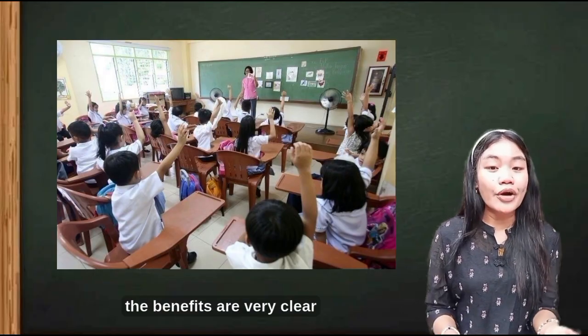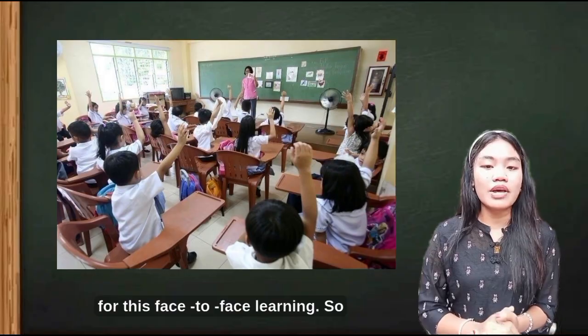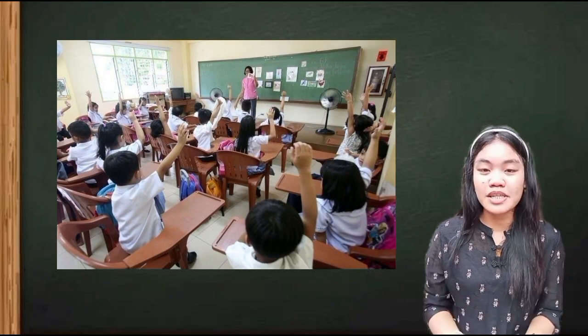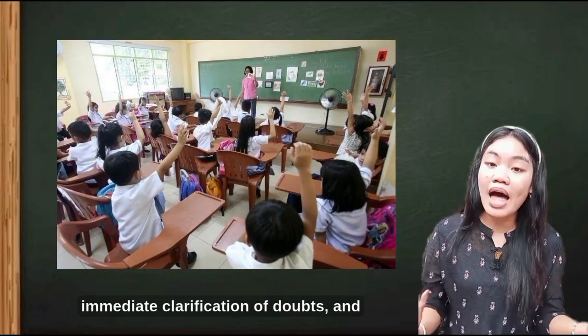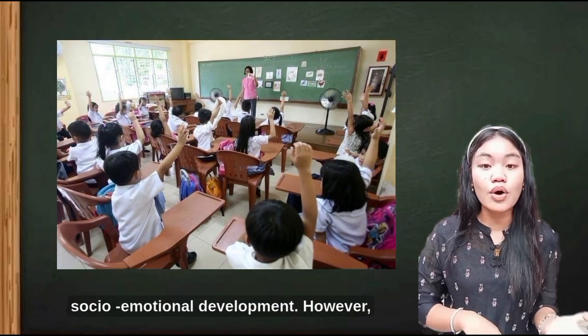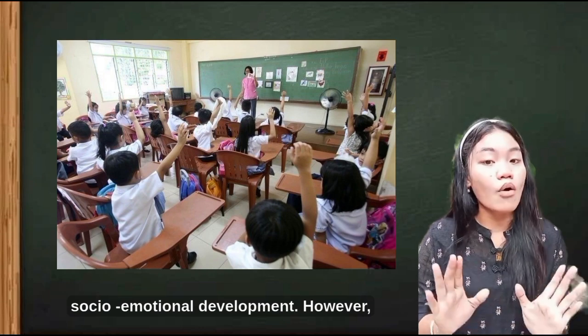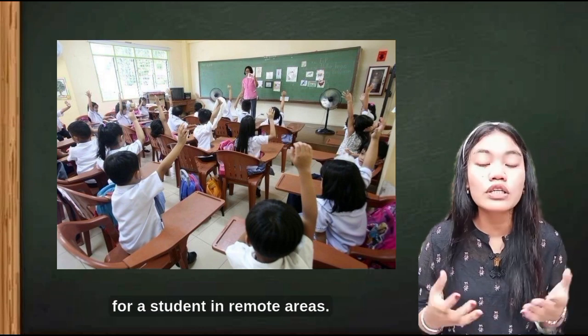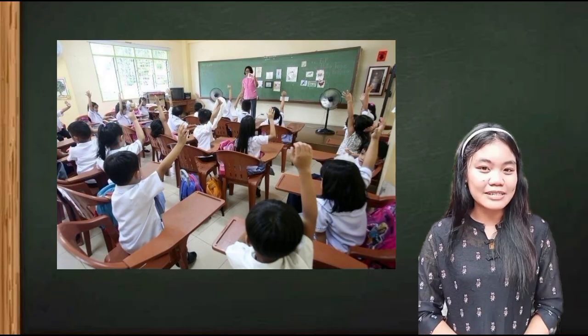The benefits are very clear: strong teacher-student relationships, immediate clarification of doubts, and rich opportunities for collaboration and socio-emotional development. However, it can lack flexibility and accessibility for students in remote areas.